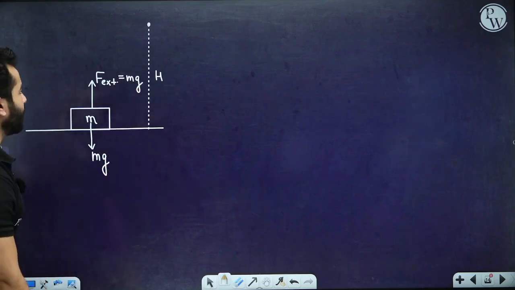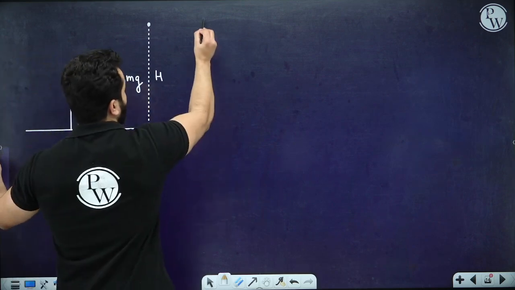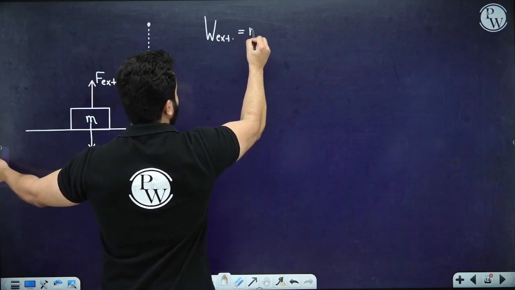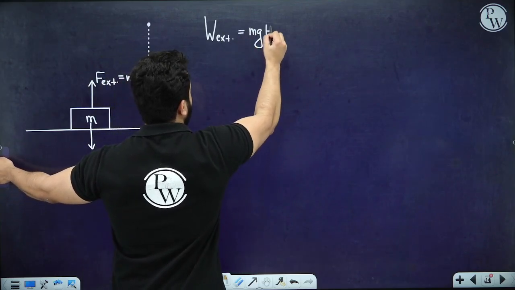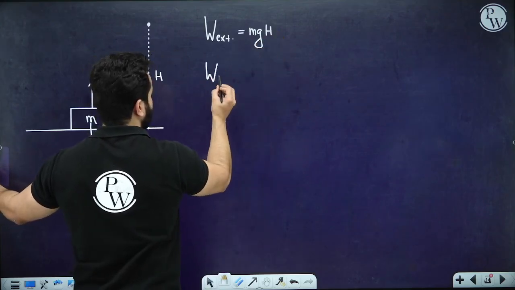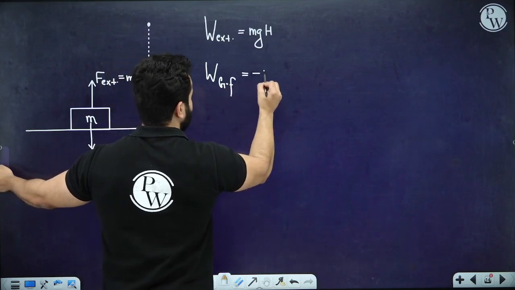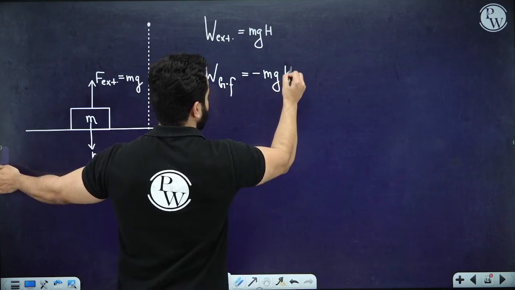And if we talk about work done by external force, that is going to be mg times h, and if you talk about work done by gravitational force, that's going to be minus mg times h.